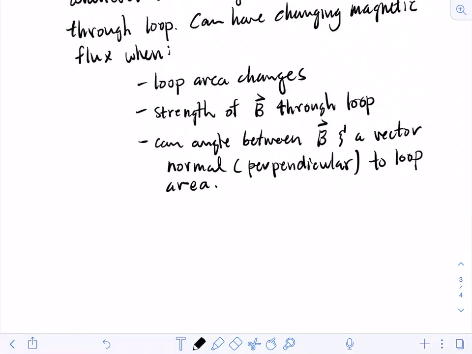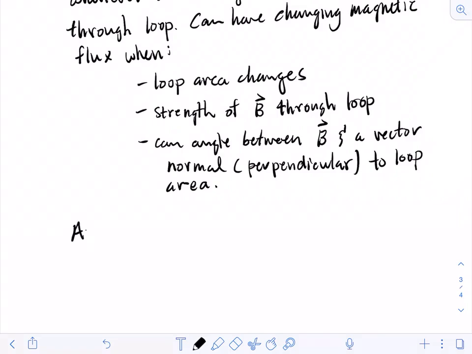Okay, now if we think back to motional EMF, we said that really what we calculated was this effective voltage, and if our current was propagating in a circuit that had some resistance R, then the induced current had a value determined by the EMF divided by the resistance of the circuit.